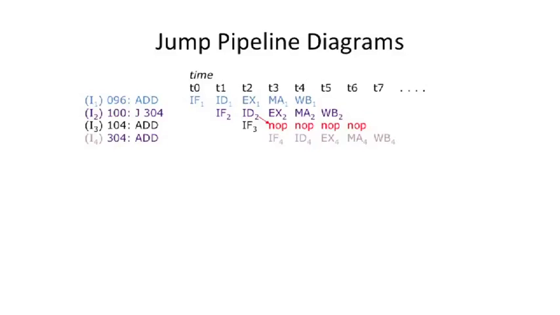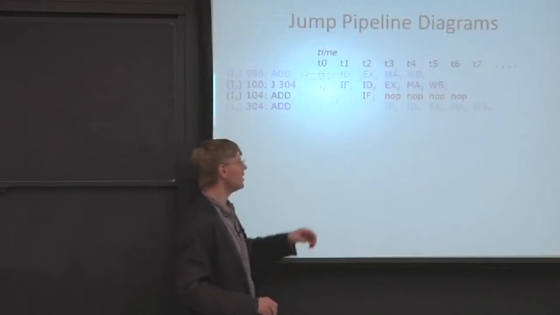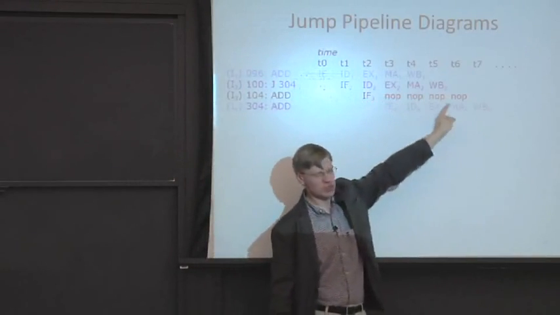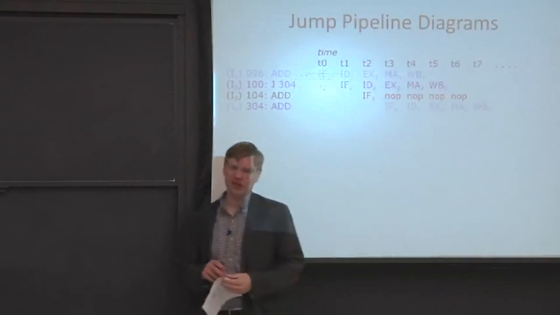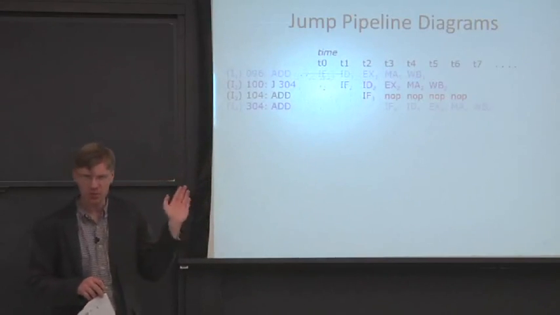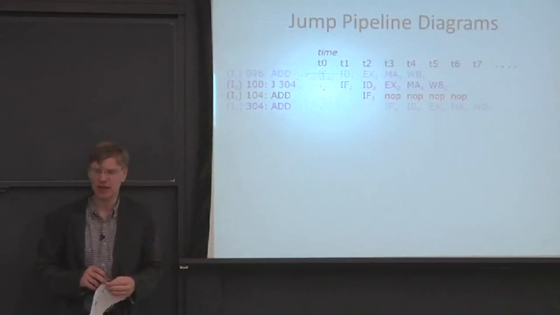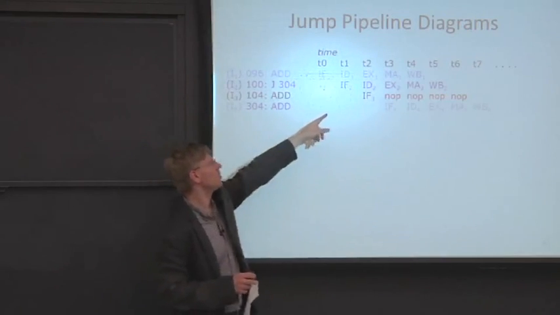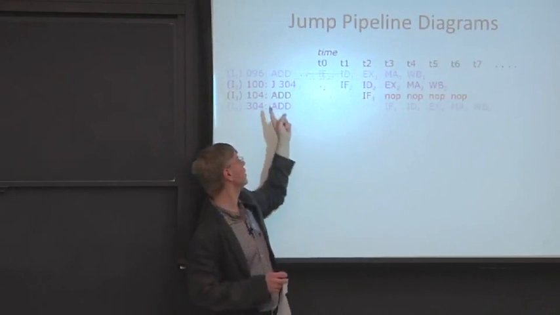And let's look at that from a pipeline diagram perspective, because that might shed a little light on this. Instead of drawing this instruction as continuing down the pipe, we're just going to put no-ops here, or dashes. So the first instruction goes on the pipe. The jump goes on the pipe, doesn't stall on anything. Because we have the PC+4 speculation, there's no stall here.